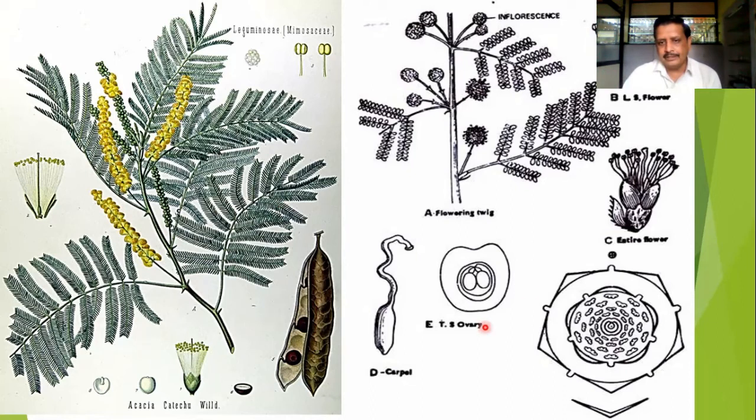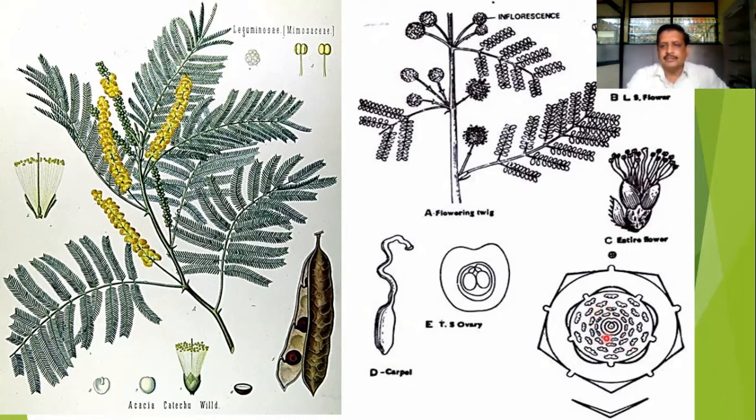Here you can find a TS of ovary, where a unilocular ovary is there with multiple ovules. In the gynoecium, typically the stigma is normally crumpled, or we can say wavy in nature, filiform. In the androecium the filaments are filiform, and the stamens are normally free and spirally arranged on the thalamus.